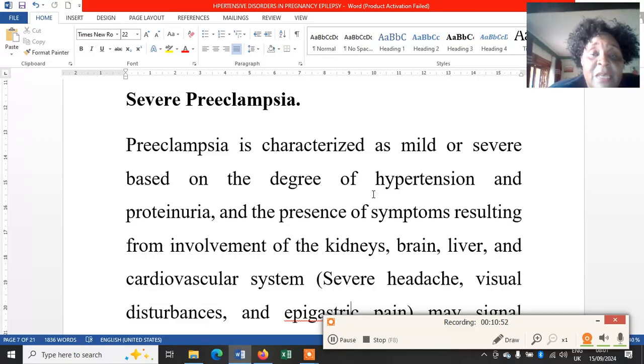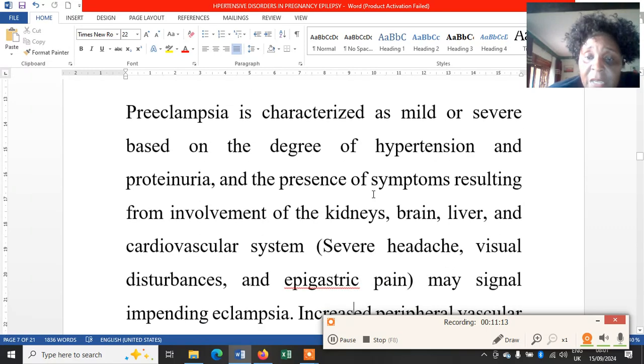It means this mother's prognosis is very bad and her condition is worsening. So when we say severe pre-eclampsia, it is characterized as mild or severe based on the degrees of hypertension and protein in urine and the presence of symptoms resulting from involvement of the kidneys, brain, liver, and cardiovascular system.